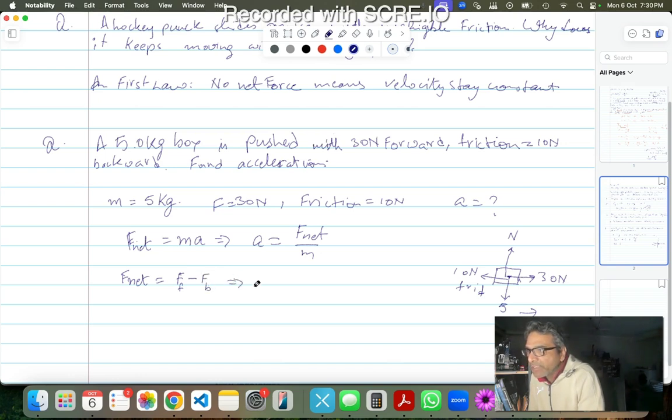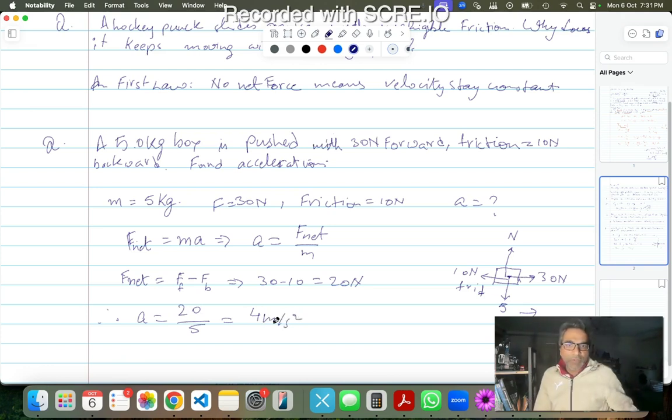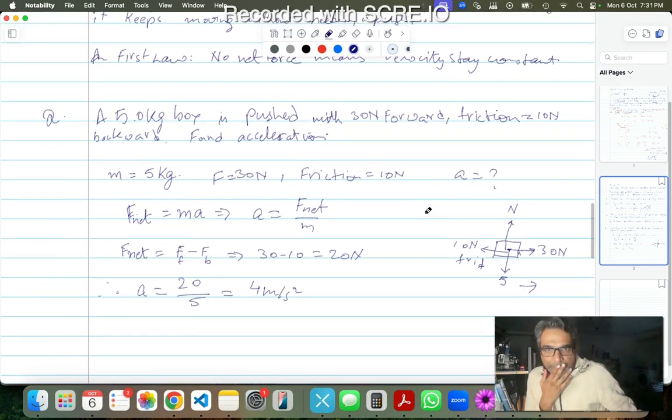Which leads us to 30 minus 10, which gives us 20. Therefore, a equals F net over m, 20 over 5, equals 4 meter per second squared. That will be the answer. Got it? Okay.